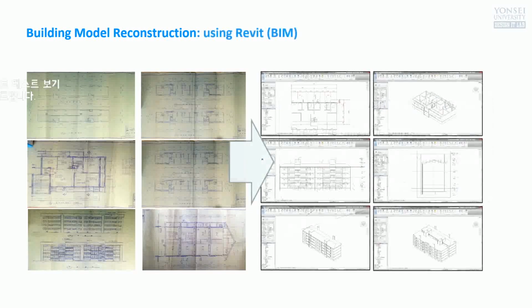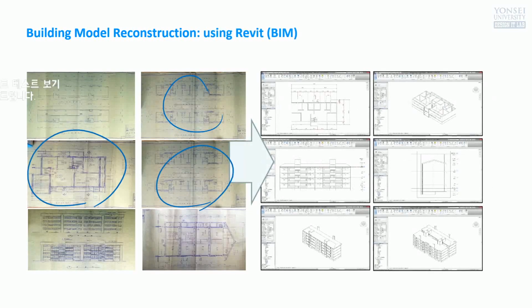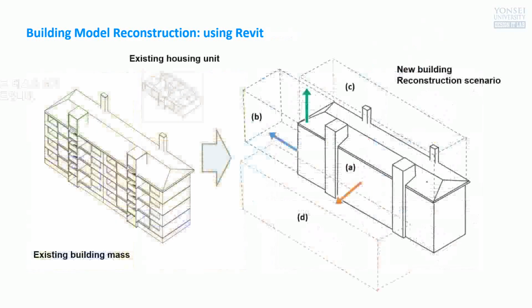A few years ago, we got these blueprints. I took this one using my iPhone and simply moved it to Revit in 2 hours. Just 2 hours. I converted these analog blueprints, 30, 40-year-old blueprints, into this BIM model.